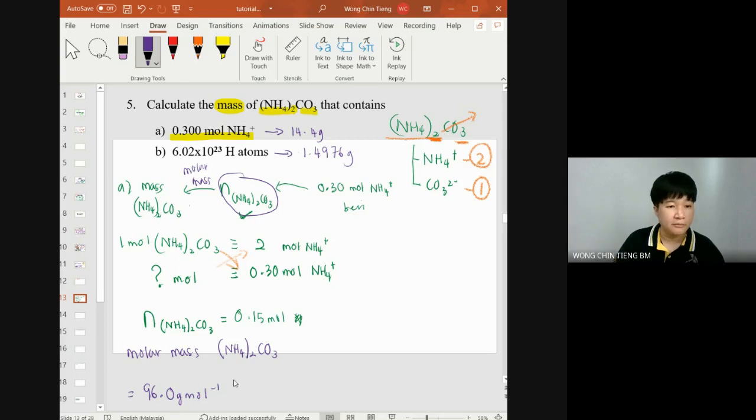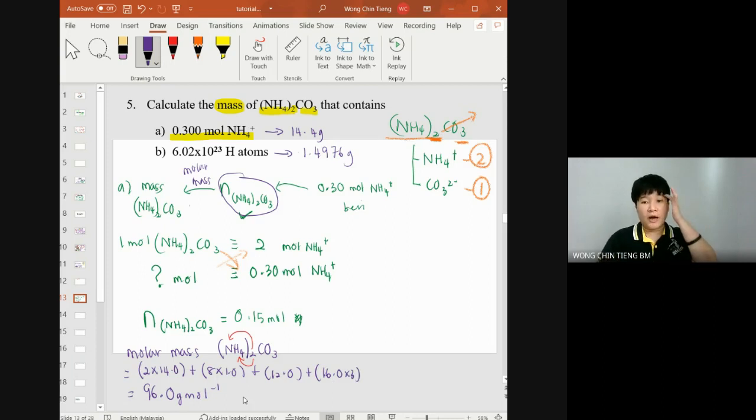Okay. Bear that in mind, make sure dia adalah satu titik perpuluhan sebelum saya terlupa. Dua ni mesti darab ke dalam dua-dua. So nitrogen yang kita ada sekarang adalah 2 darab 14.0 tambah dengan hidrogen adalah 8 darab 1.0 tambah dengan carbon 12.0 tambah dengan oxygen 16 times 3.